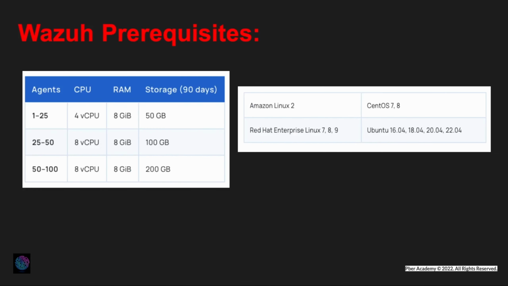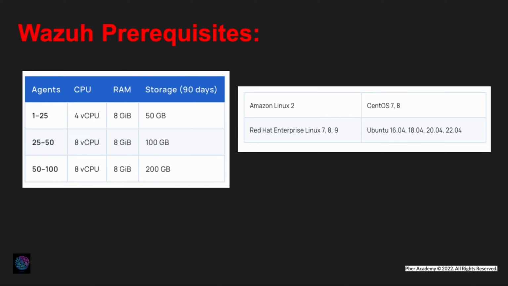Wazuh prerequisites. If you have 1 to 25 agents, you need a 4 core CPU, 8 gigabytes RAM, and 15 GB storage. If you have 25 to 50 agents, you need an 8 core CPU, 8 gigabytes RAM, and 100 GB storage. If you are going to deploy 50 to 100 agents, then you need an 8 core CPU, 8 gigabytes RAM, and 200 GB of storage.